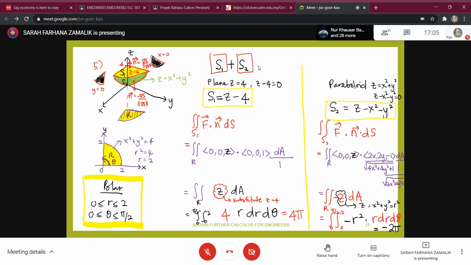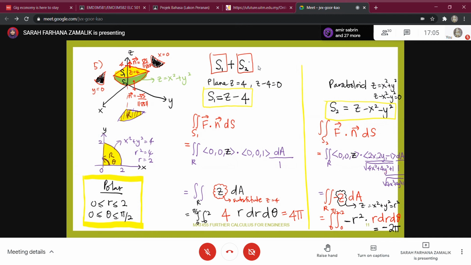Oh, okay. Check balik surface apa? Yes, sebab sekarang ada dua surface lain kat sini. Okay, sebab kita ada dua surface berlainan dekat sini. So S1 untuk plane Z equals to 4, S2 untuk the paraboloid. So check Z apa yang awak nak substitute kat sini.